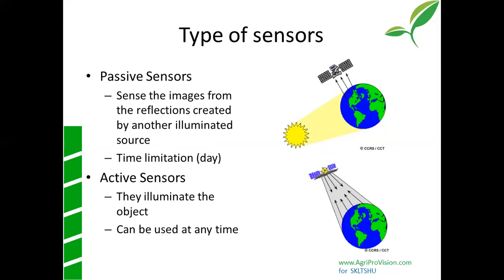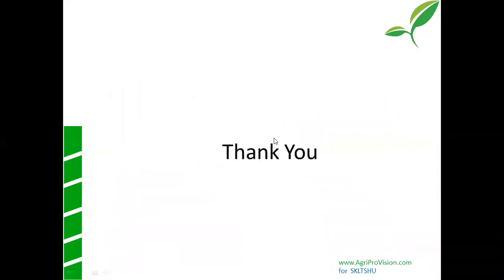You can only take pictures, like your Nokia phones, where you take pictures, save them and send them. But these newer ones can be used in low light because you have a flash. These are nothing but your active sensors. They can send the light, you can take a picture, and it reflects back to the sensor, and then you can upload the picture. The same is the case with your satellites, which have active sensors and passive sensors.